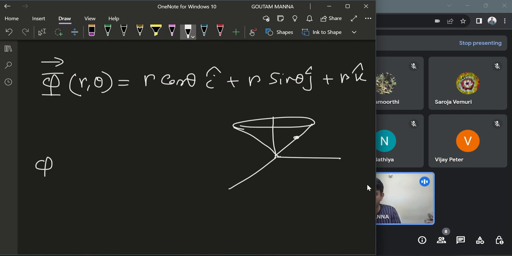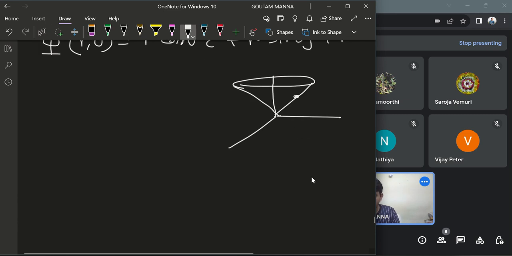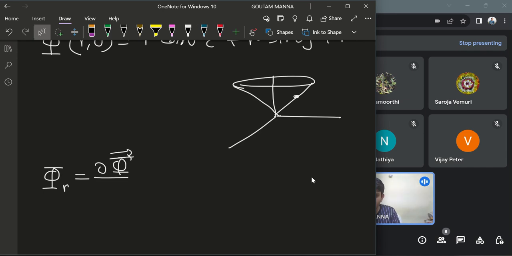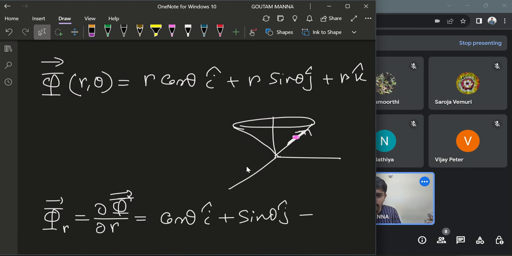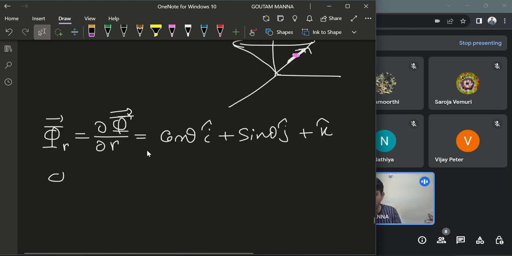Let me write del phi del R. If I change R, this is a vector which will be directed along the direction in which the R parameter is changing. This is the P0 point. This del phi del R is cos theta i hat plus sin theta j hat plus k hat.